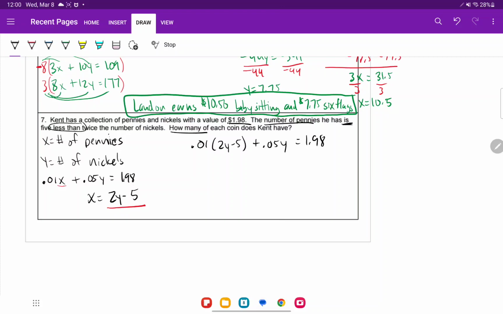So then from here, we multiply, so 0.01 times 2 is 0.02. 0.01 times 5 is 0.05 plus 0.05y equals 1.98. 0.05y plus 0.02y is 0.07y. I'm bringing everything else down.